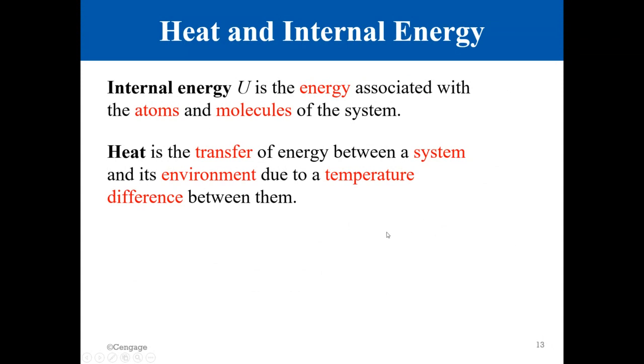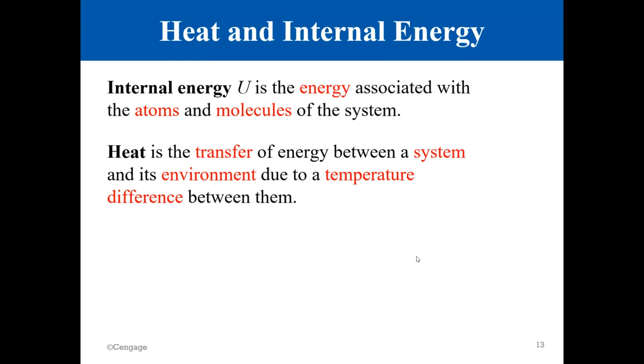A few things to mention here concerning heat and internal energy. When we say internal energy, we are talking about the energy of the atoms and molecules of a system. On the other hand, heat energy is related to the energy transfer between systems.